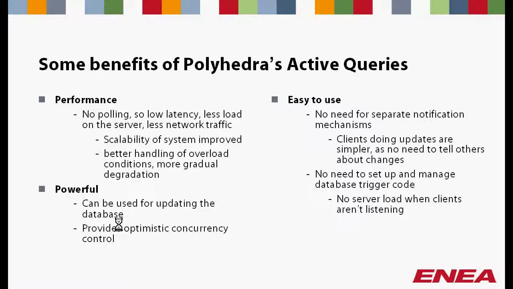It avoids the need for any separate publish and subscribe mechanism, and there's no need for special database trigger code to be managed by the people writing the application or the database administrator. So performance, power, and simplicity together make a triple punch, which make active queries the good solution for making sure that clients can keep up to date with what is happening in the database.